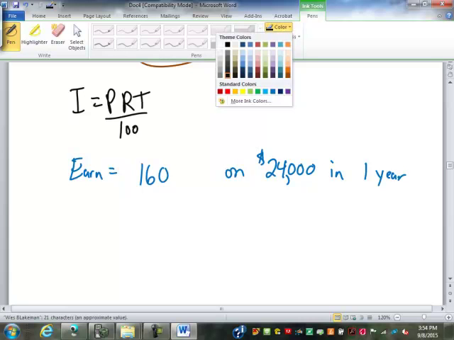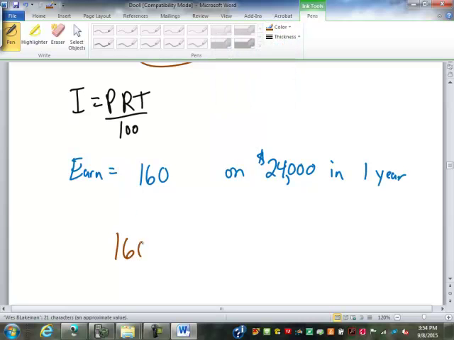So when we plug this in, we've got 160 as our interest, 24,000 is our principal, trying to find our rate. Our time is 1 year, over 100.